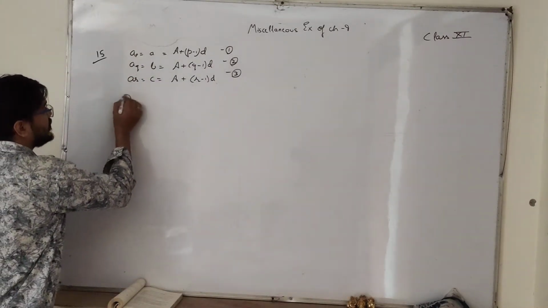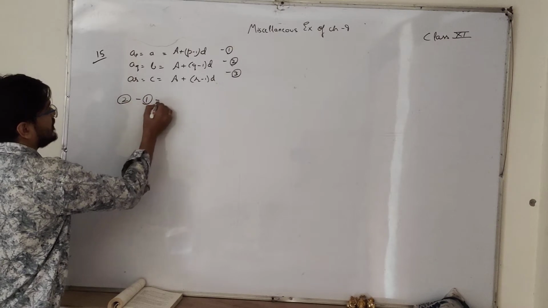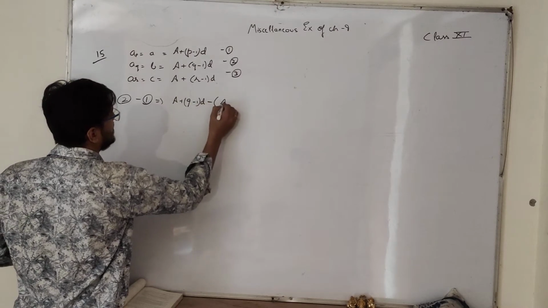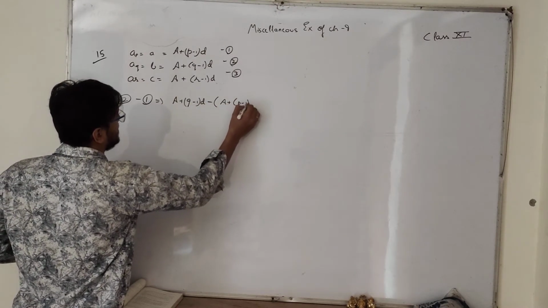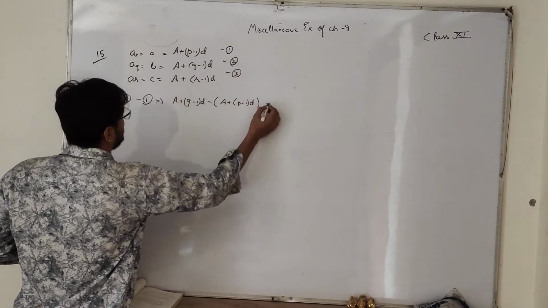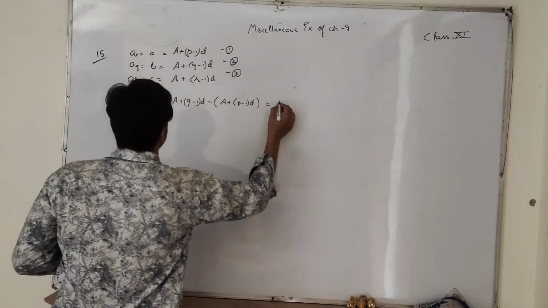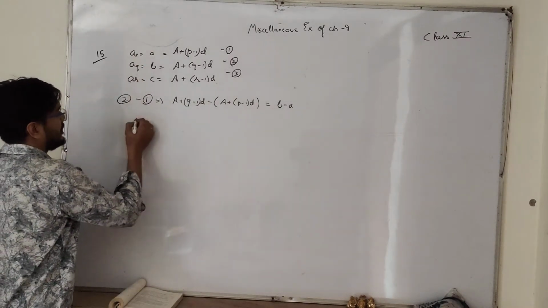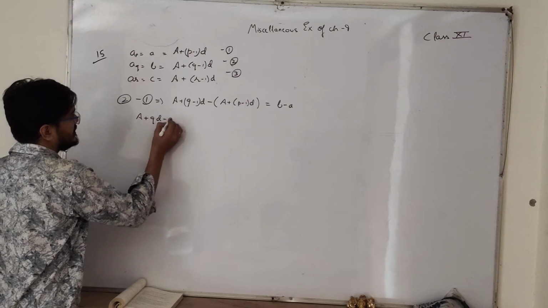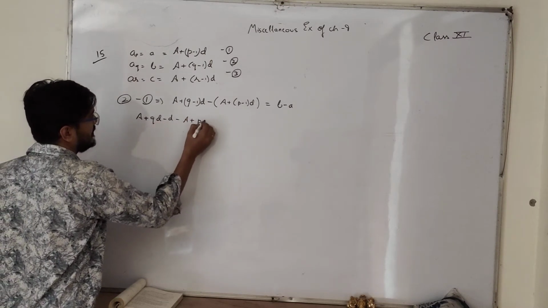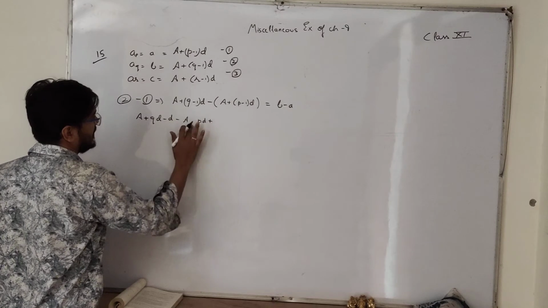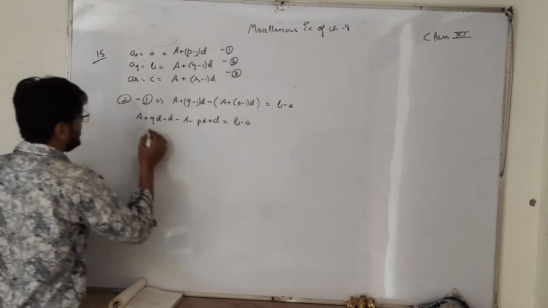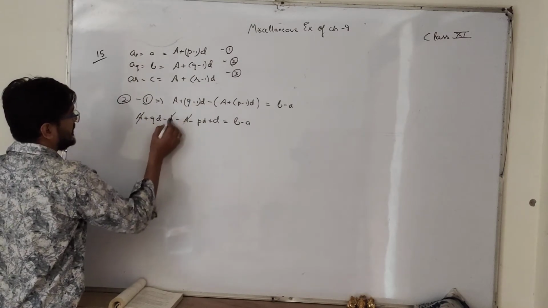Now if we subtract equation 1 from equation 2, we'll have A plus (Q minus 1) D minus (A plus (P minus 1) D) is equal to B minus A. So A plus QD minus D minus A minus PD plus D is equal to B minus A. A and A cancel, D and D cancel.